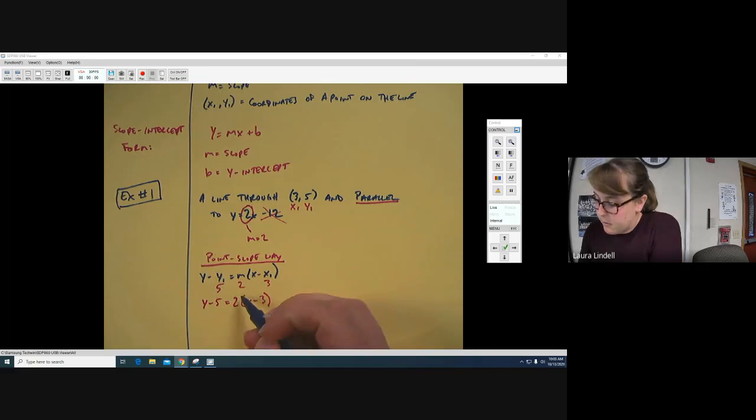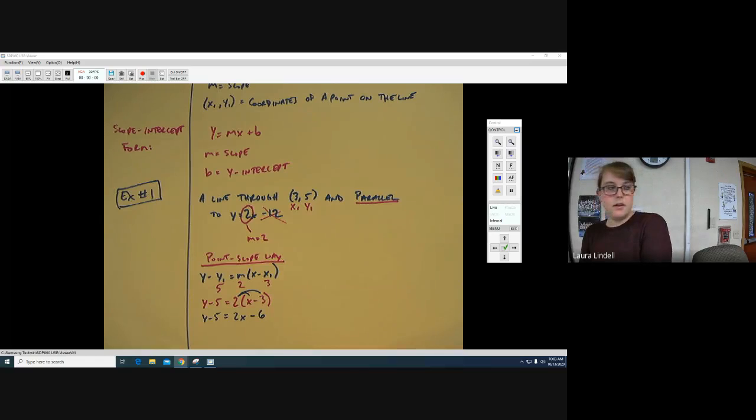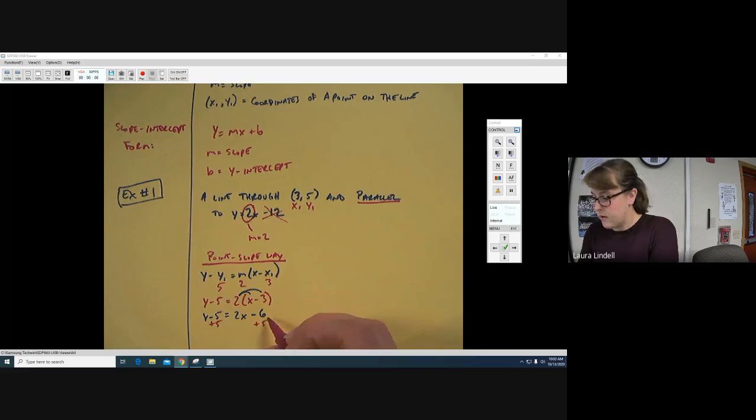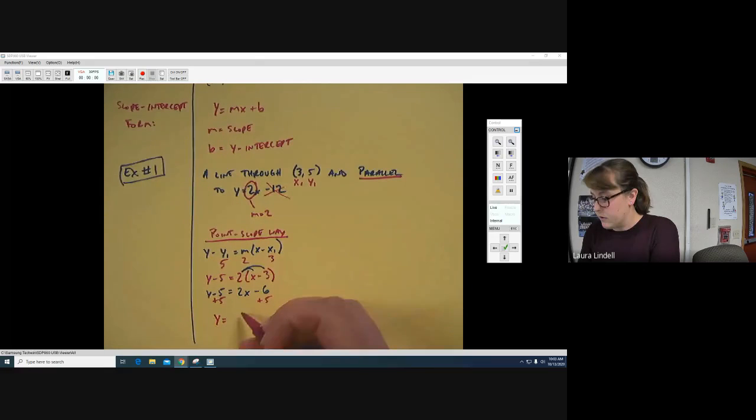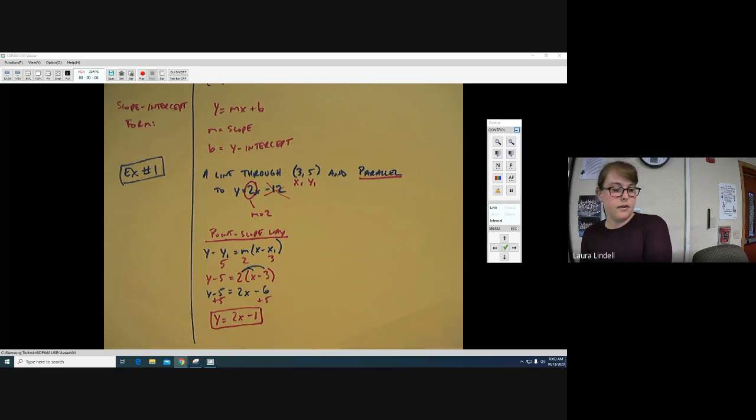So I'm going to use the distributive property here to simplify. We get 2x minus 6. And then all I have to do is add 5 to both sides to get y equals 2x minus 1 for my final answer.